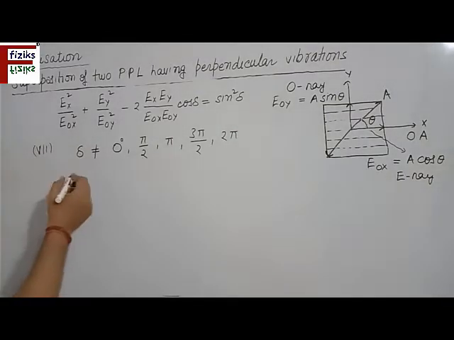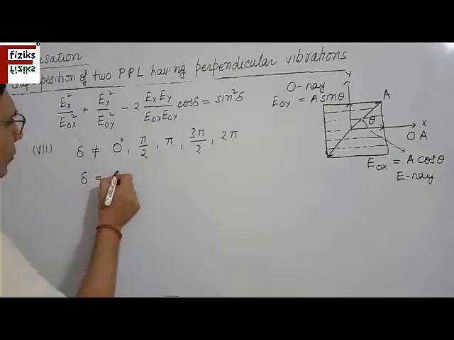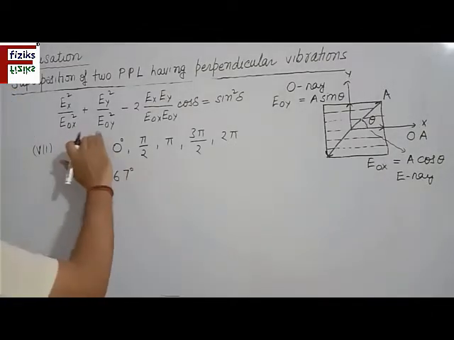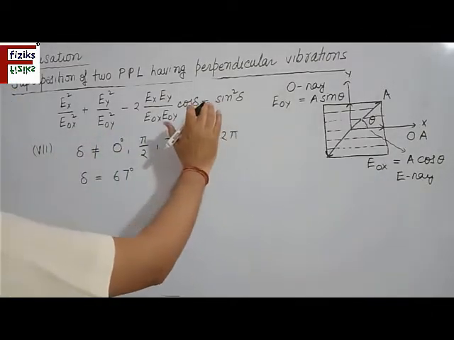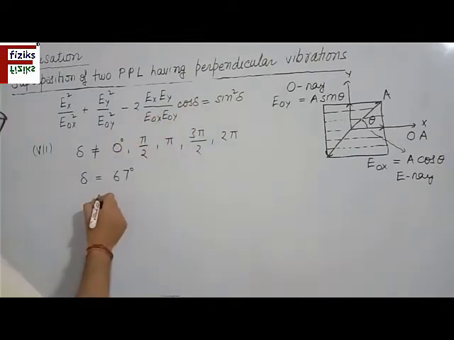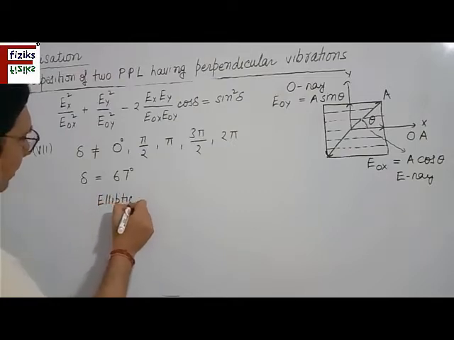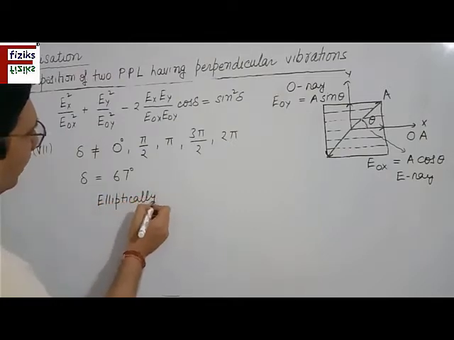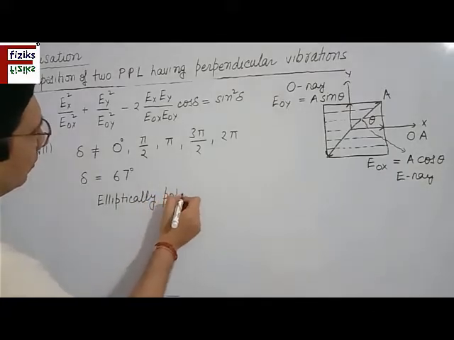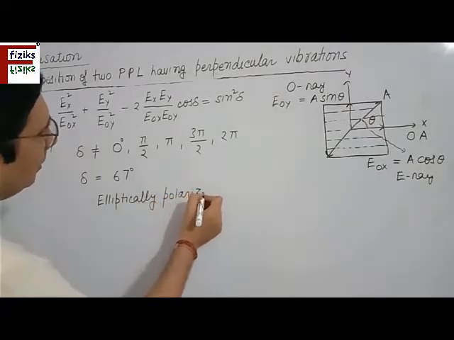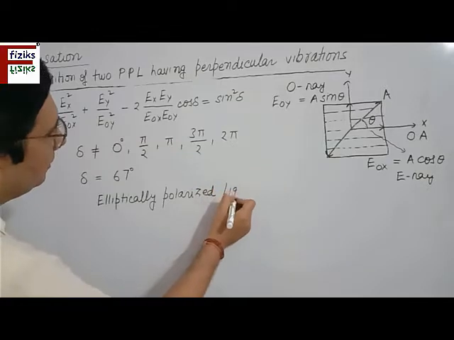In that case, suppose delta is equal to 67 degree, then we will have this type of equation, and on the emergent side we will have elliptically polarized light.